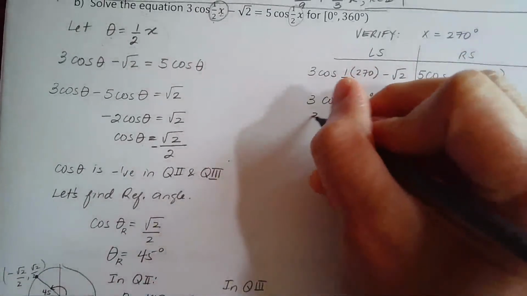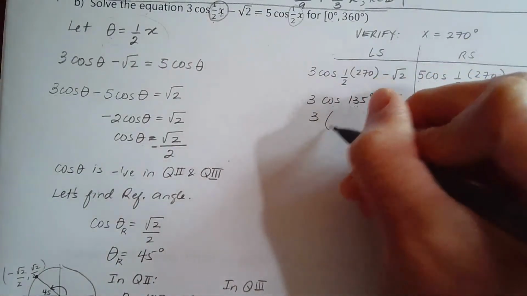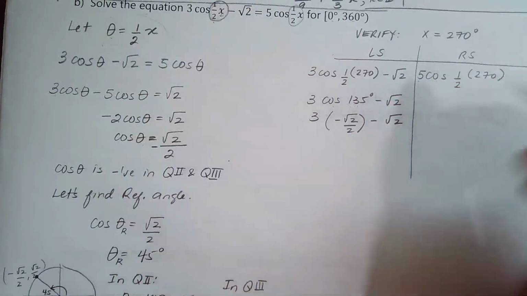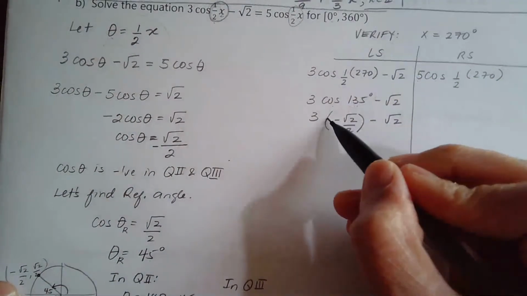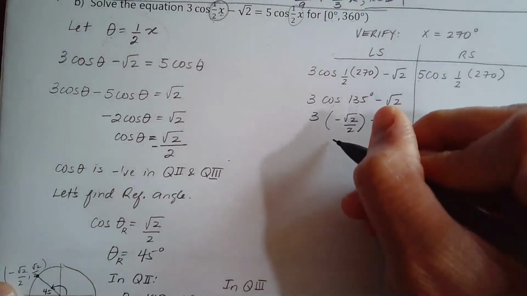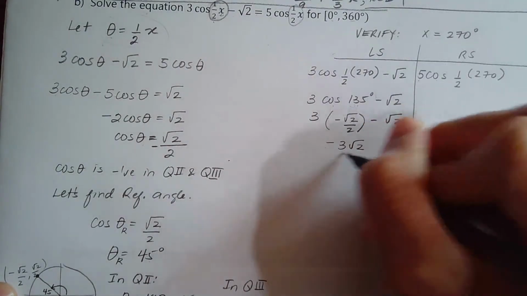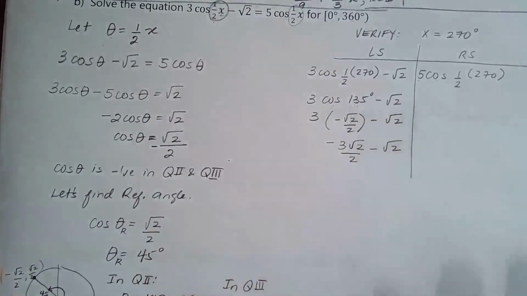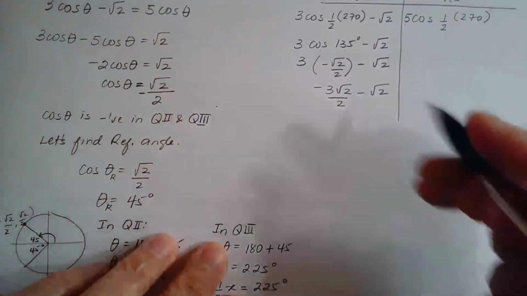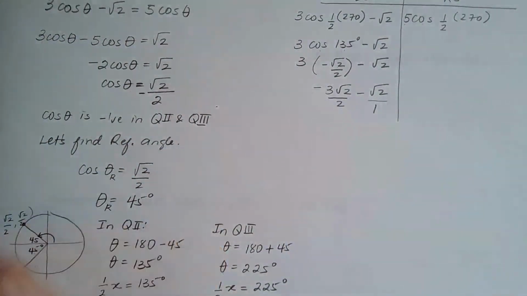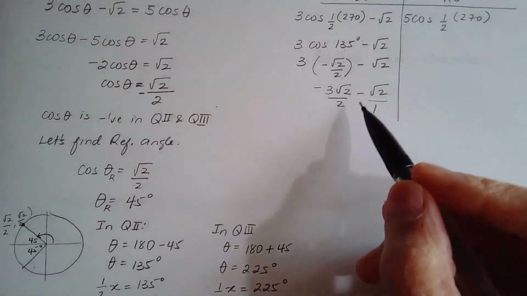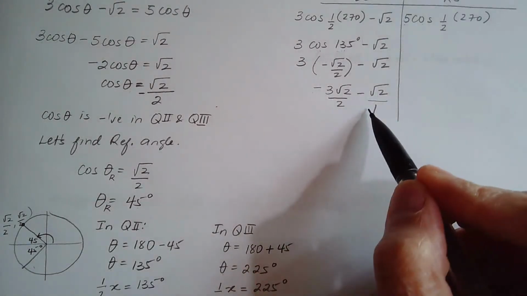So it's going to be 3 times negative root 2 over 2 minus root of 2. So that's going to give us negative 3 root of 2 over 2 minus root of 2. Before we add these two, we have to have the same denominator.